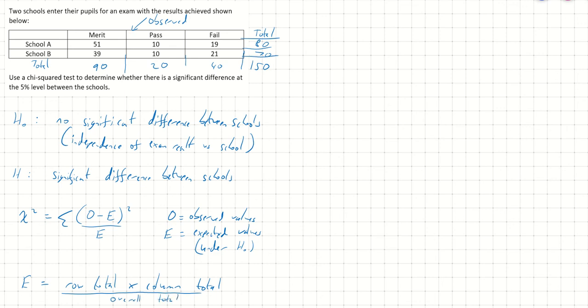So let's do that. So let's have our expecteds up here. So we have school A and school B, and we'll have merit, pass, and fail.